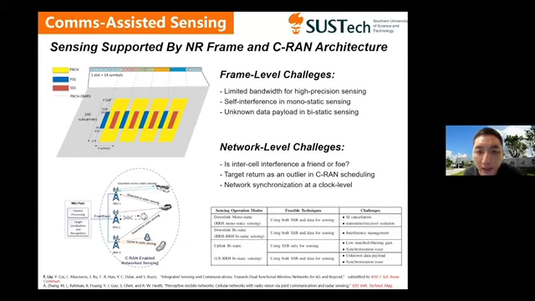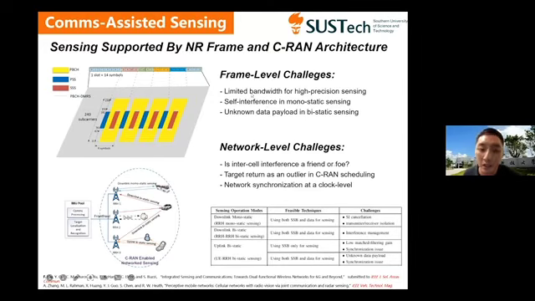This is another very serious problem: self-interference. Then there is the unknown data payload in bistatic sensing. This means that when you wish to use a separated transmitter and receiver to do bistatic sensing, when you try to leverage the data, this data can be unknown to the receiver. Then the problem is how to recover this data and facilitate the sensing process.